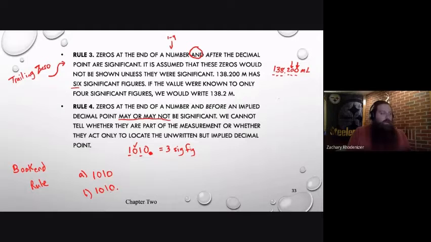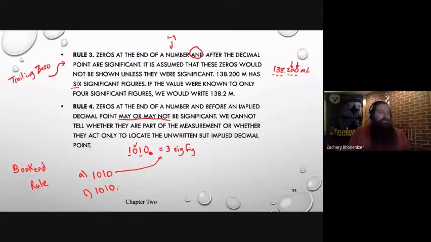And whenever you see a number followed by a decimal point, you read that decimal point as the word exact or exactly. So this number is 1,010 exact. This number is 1,010. So here, we still have 3 sig figs.